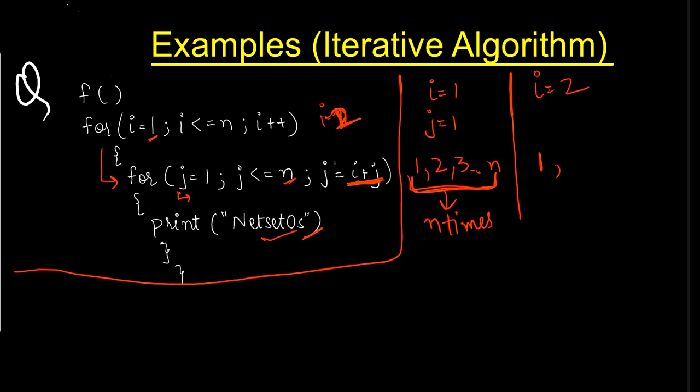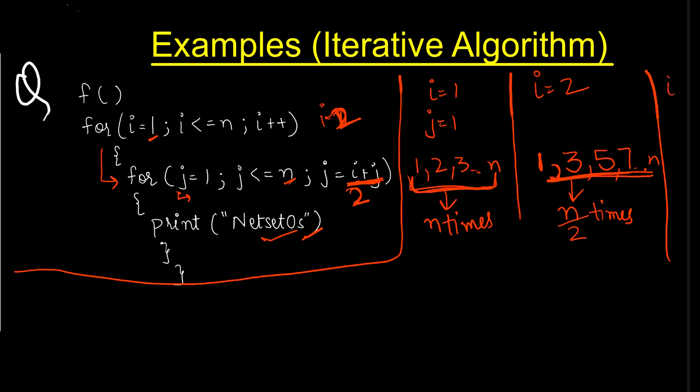Now for i is equal to 2, j will be 1, then 3, then 5, then 7, up till n. So you can see we are getting just the alternate numbers. So we can say there are half even numbers and half odd numbers. So here we are getting n by 2 times, right?